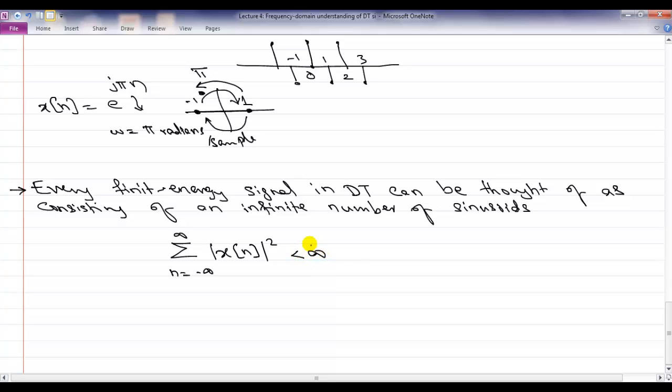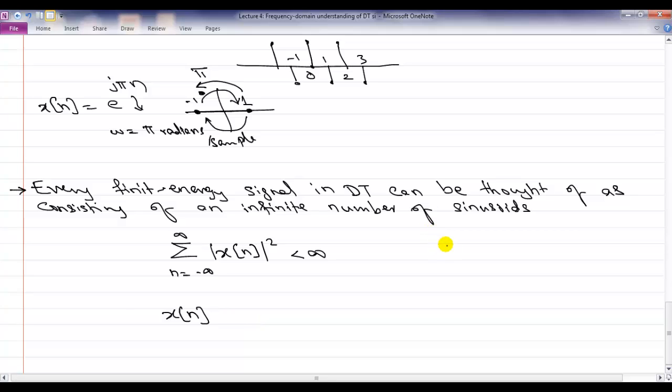Okay, so that's how energy is defined in the discrete world. If this is true, then we want to argue that any signal can be written as a combination of frequencies, and the expression that we get is very similar to the continuous time expression.